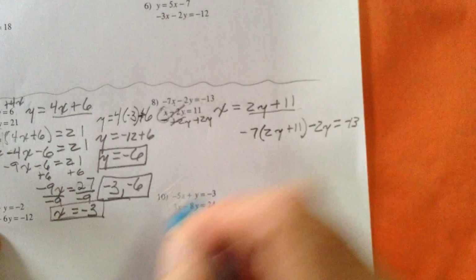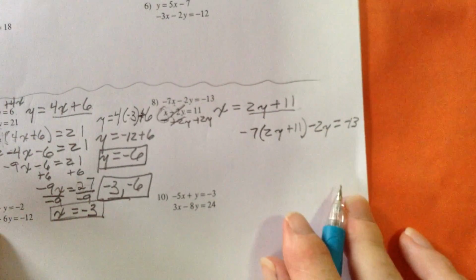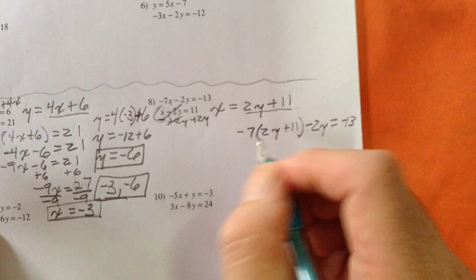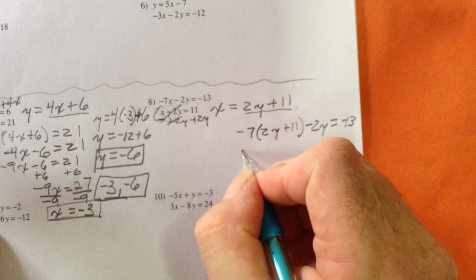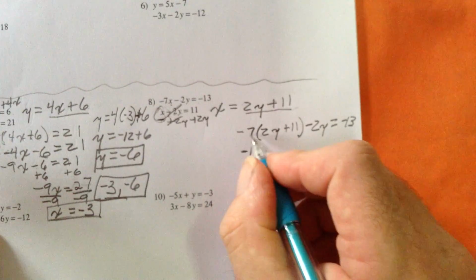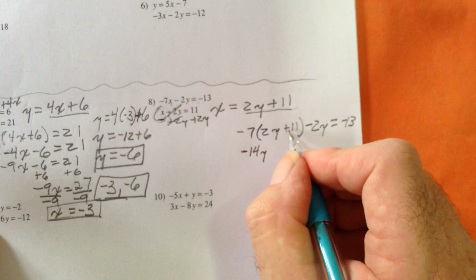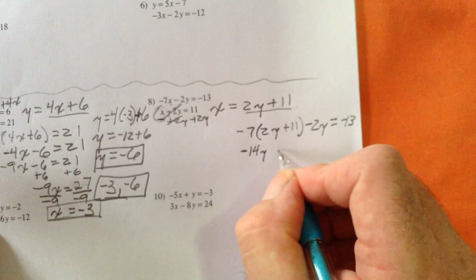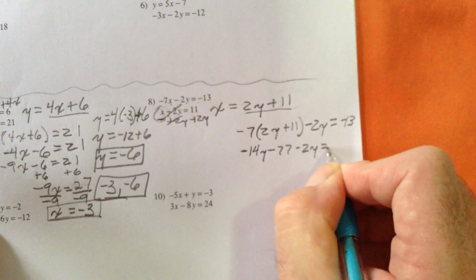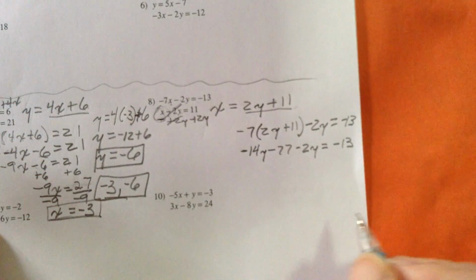Okay, and now we're right back to lesson 59 again. Negative 7 times 2y will be negative 14y. Negative 7 times a positive 11 will be negative 77. Minus 2y equals negative 13.